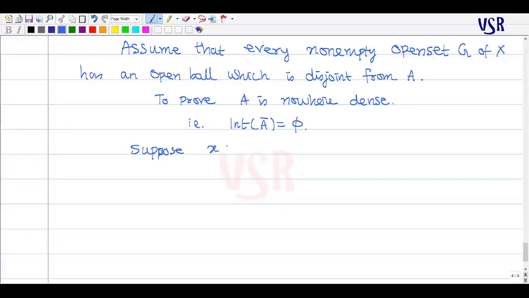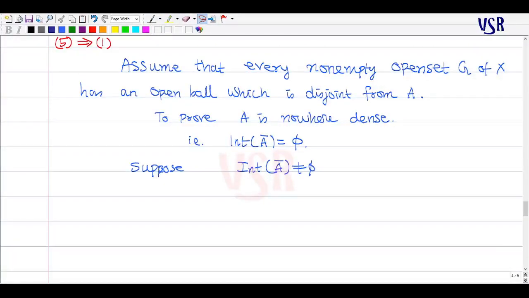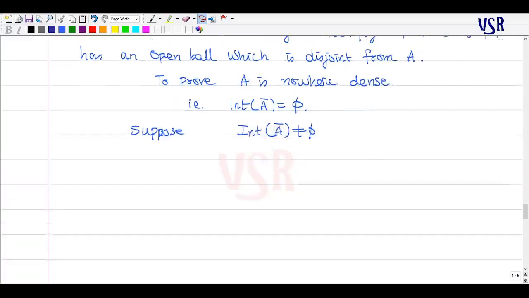Suppose interior of A closure is non-empty, அதான் assume பண்றேன். அப்ப என்ன நடக்குன்னு பார்க்கலாமா? Choose x belongs to interior of A closure. Interior of A closure is an open set.